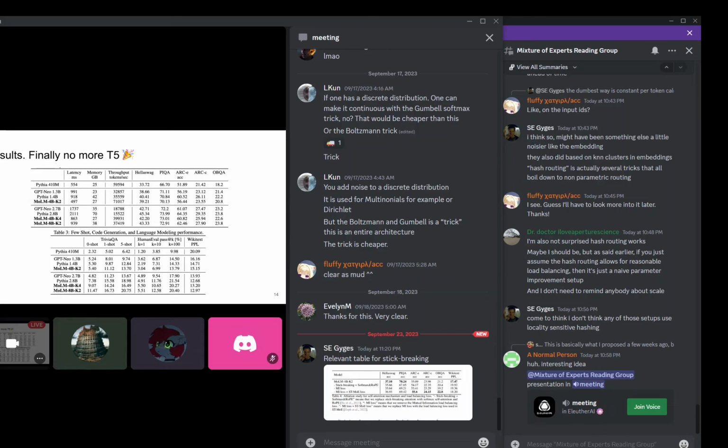Okay, so what I like about the results is that finally it's no more T5. We have an actual decoder-only model, and we can compare it to models like GPT-Neo and Pythia. If you compare it that way, I think the results are pretty good, especially considering the number of parameters. 4 billion isn't that much more than 1.4 billion.